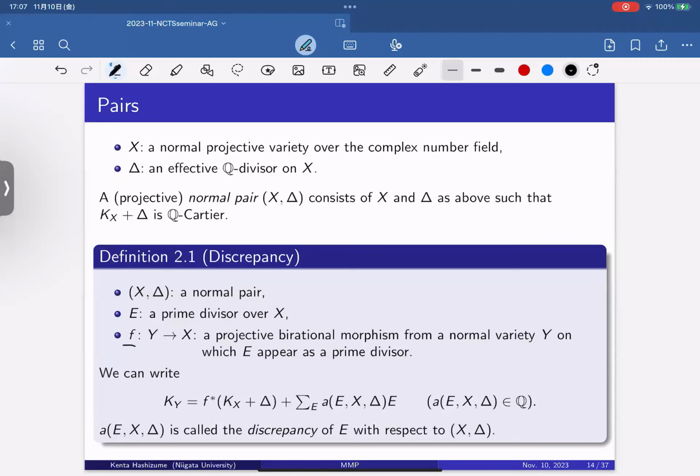For example, we can take f as a resolution of X. Then we can write K_Y equals f pullback of (K_X plus delta) plus a divisor on Y, which represents the difference between K_Y and the pullback of the log canonical divisor.